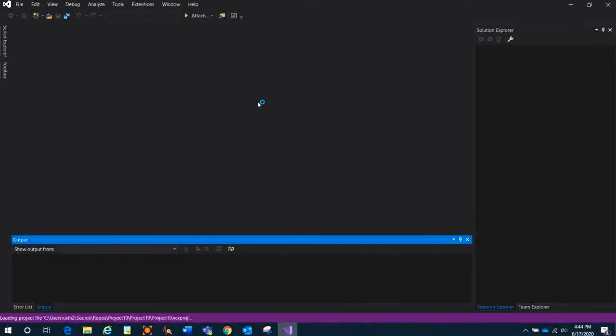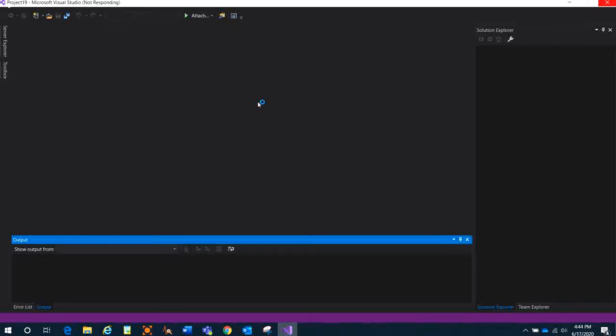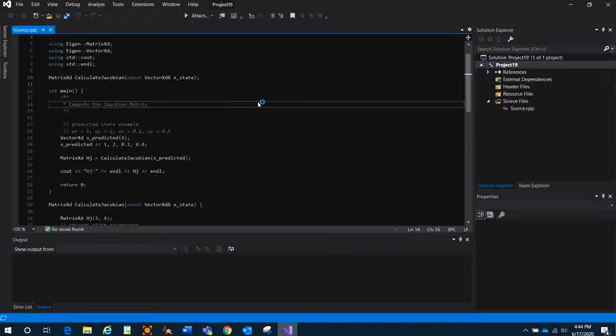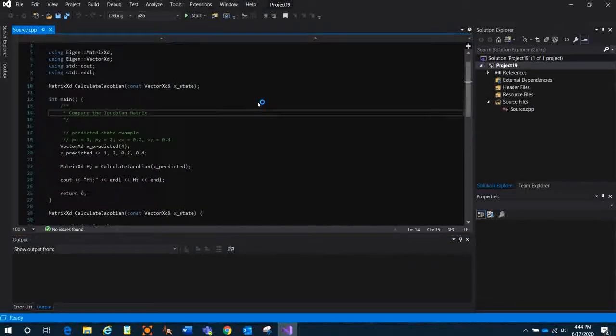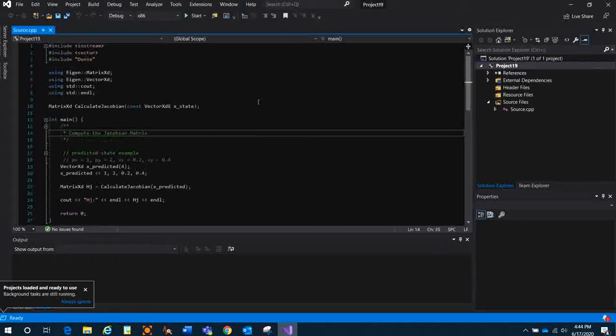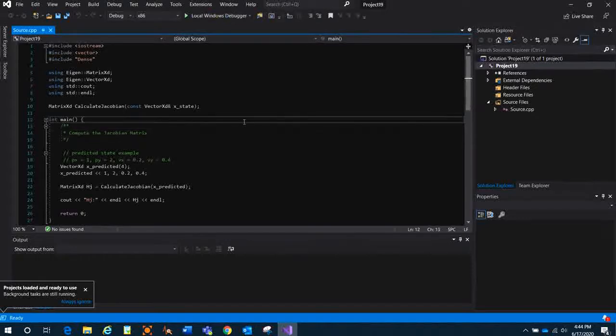Use the Jacobian to calculate the measurement matrix.